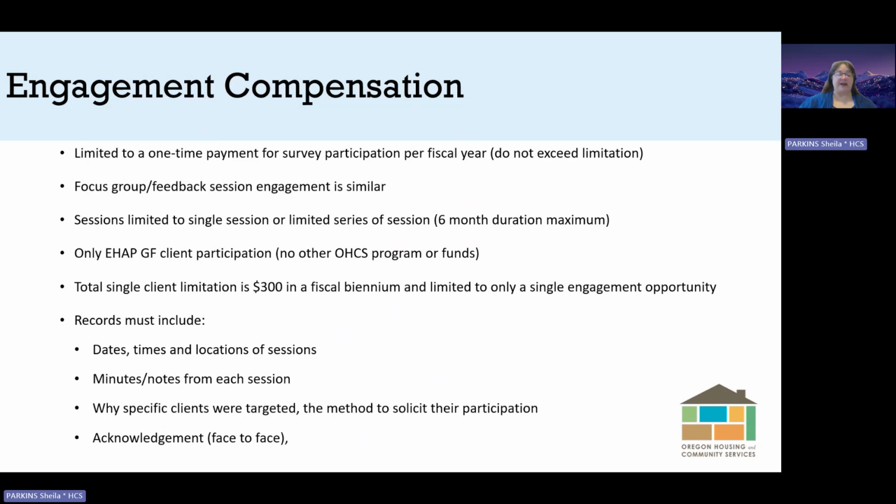Documentation is similar to survey opportunities. However, because a survey is a one-time event and a focus group or work sessions may cover multiple sessions, records must include dates, times, and locations of the sessions, minutes or notes from each session, and similarly to survey, include why specific clients were targeted and the method to solicit their participation.